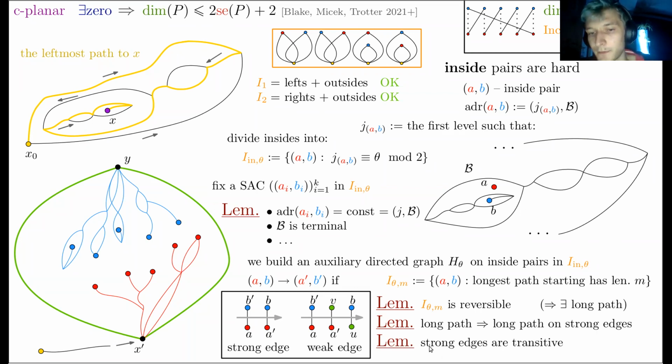And then, which is much easier, strong edges are transitive. But these are two cycles, so transitivity of strong edges gives us that if we have a long path on strong edges, then we have a large standard example. This is the idea which stands behind this proof, and this is all I wanted to say about it.